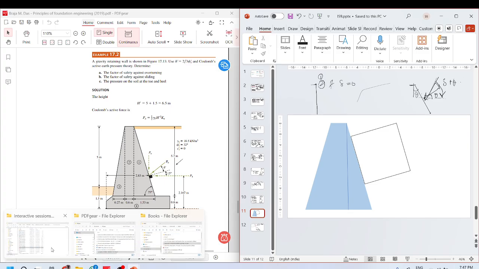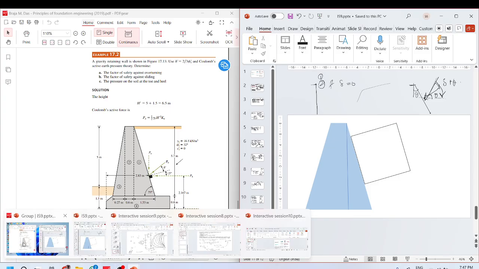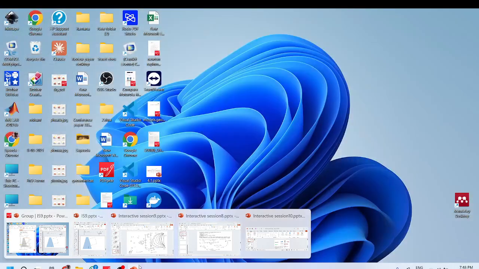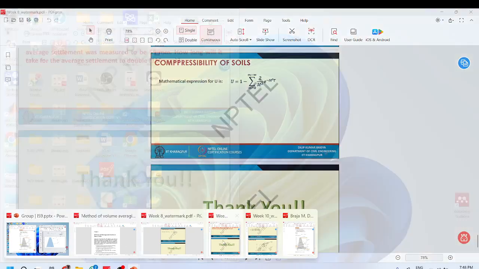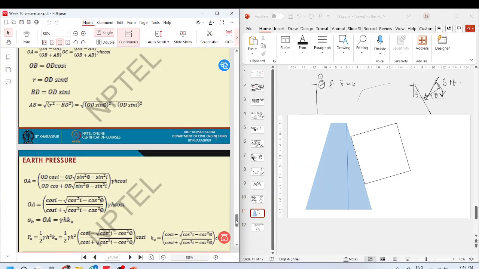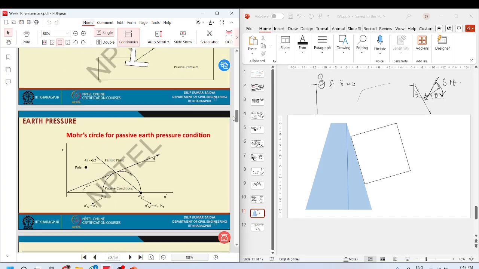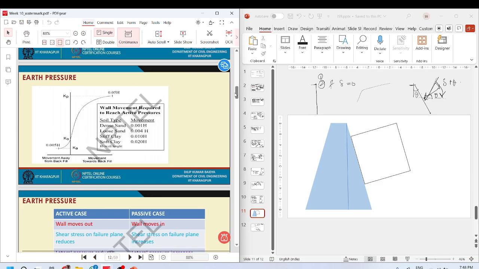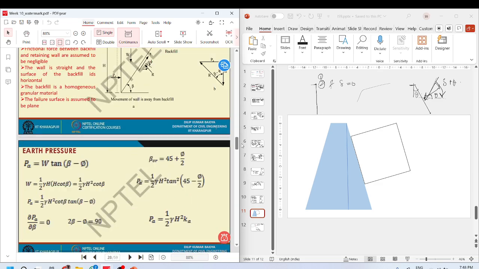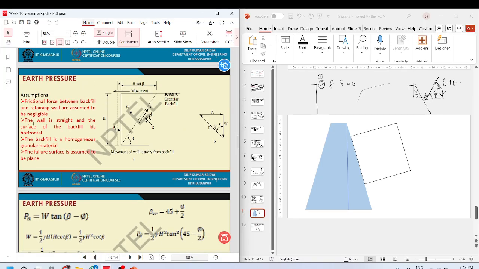Any more assumptions? The wall is straight and the surface of the backfill is horizontal.